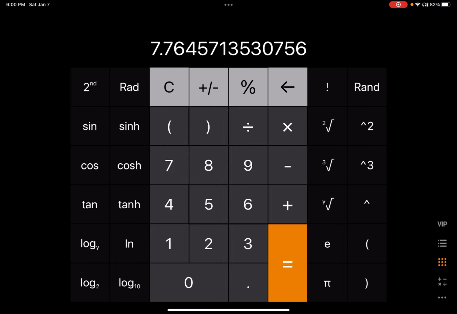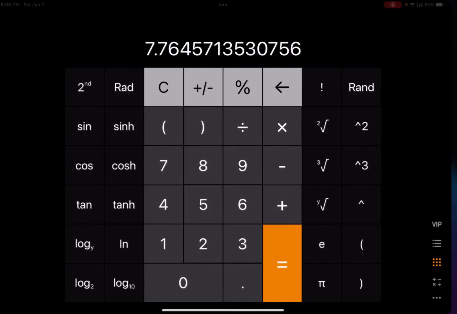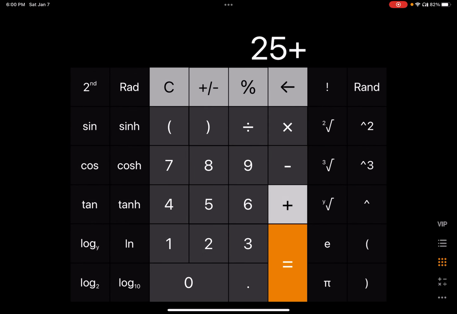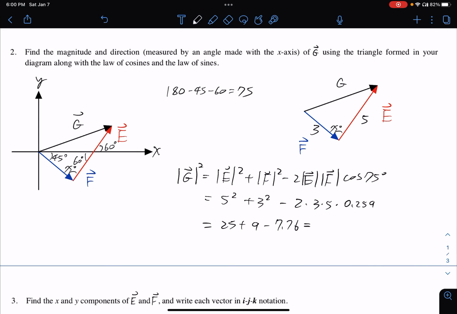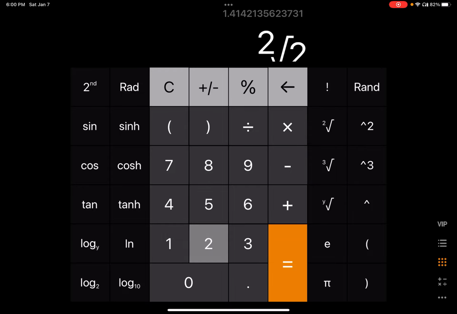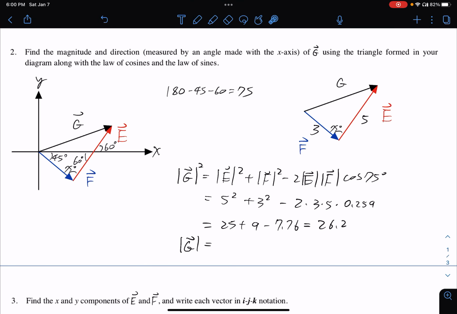This will give us 7.76. So 25 plus 9 minus 7.76 is approximately 26.24. Let's keep it to 26.2. Now we can get G by taking the square root of this number. The square root of 26.2 is 5.12. So now we get the magnitude of G using the law of cosines.